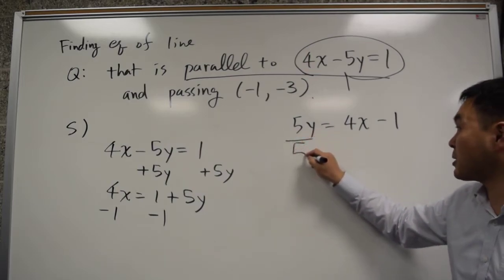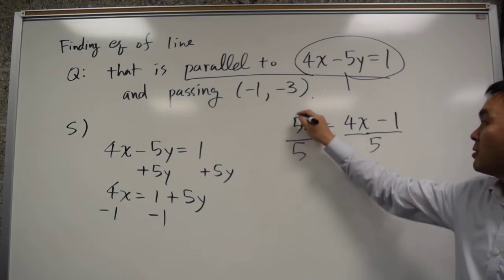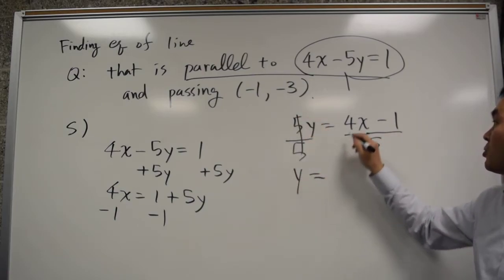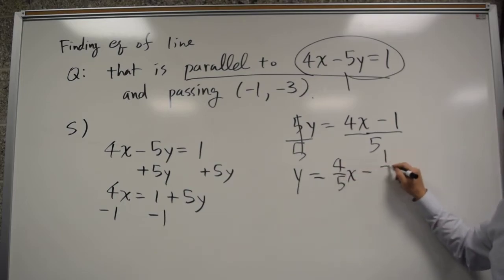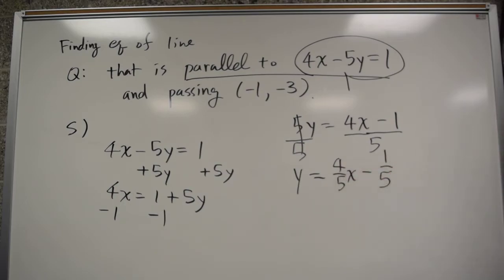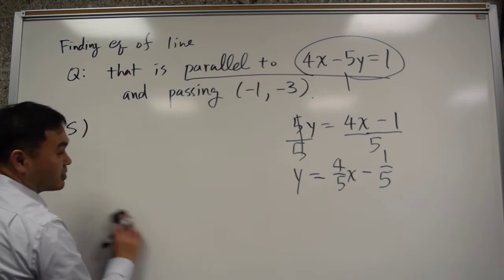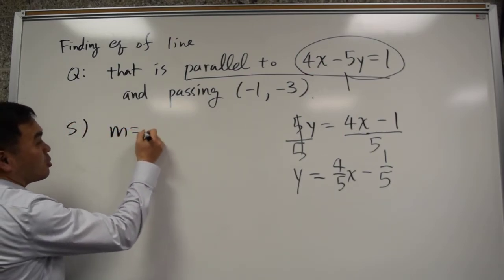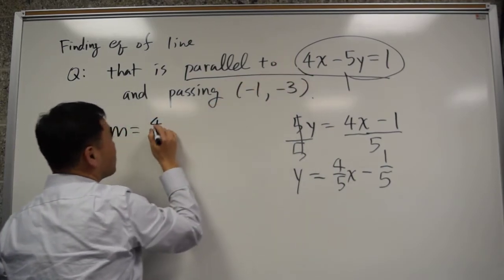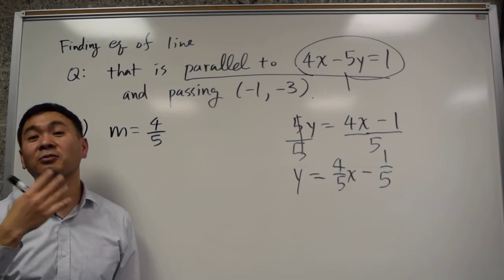Divide everything by 5. You get y equals 4/5 x minus 1/5. Then we read off the slope. What's the slope? 4/5. So we know that the slope of this line is 4/5, and therefore the slope of our line is 4/5.